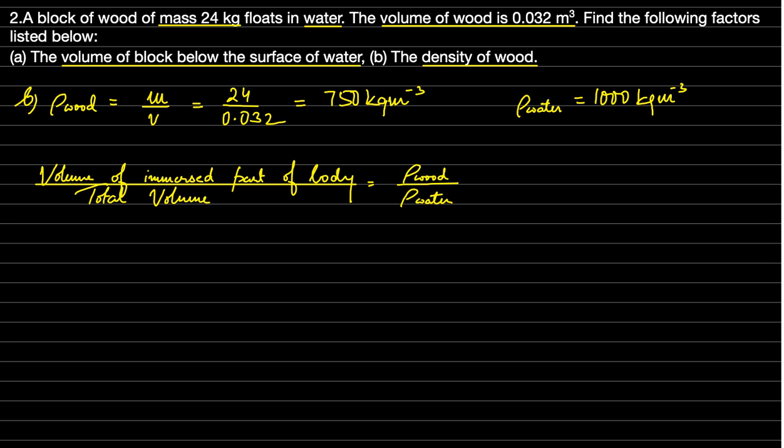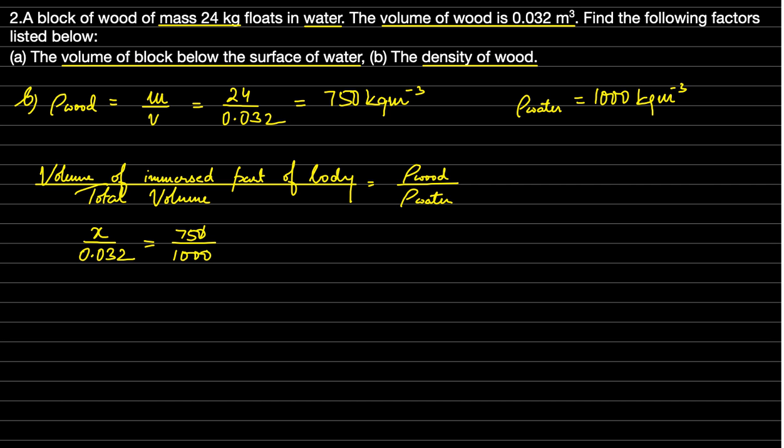Now we would be substituting. We take the volume of the immersed part of the body as x. So x divided by total volume, given in the question as 0.032, is equal to density of wood, which we just found as 750, divided by density of water, which we know as 1000.